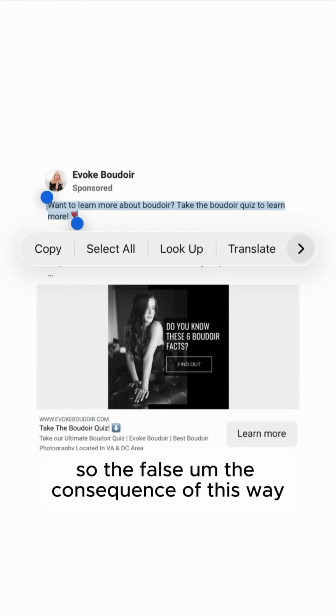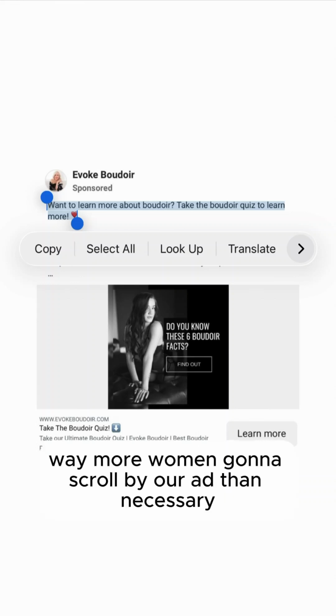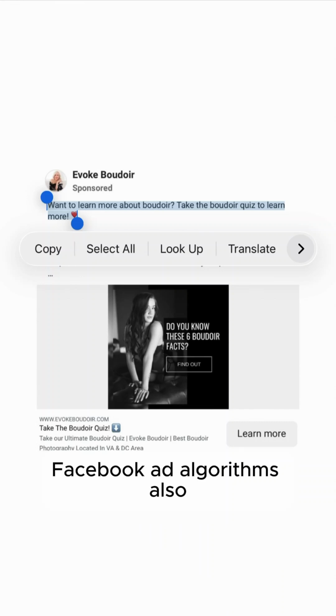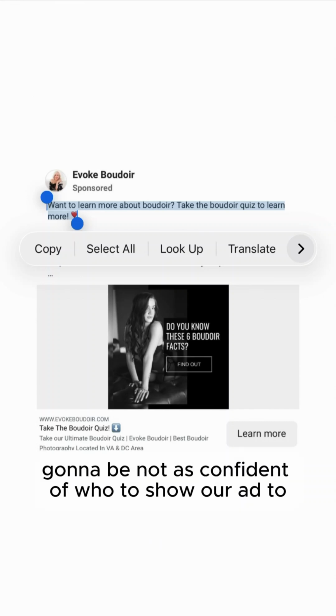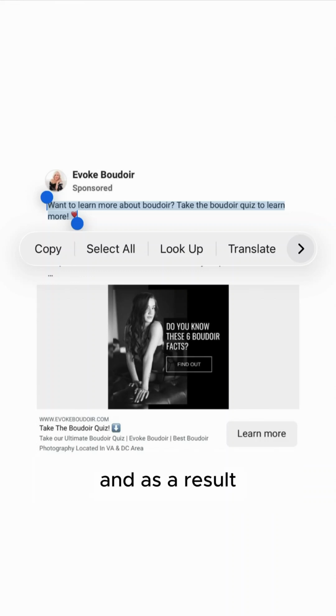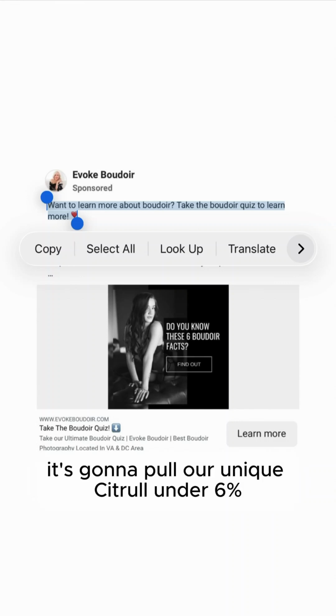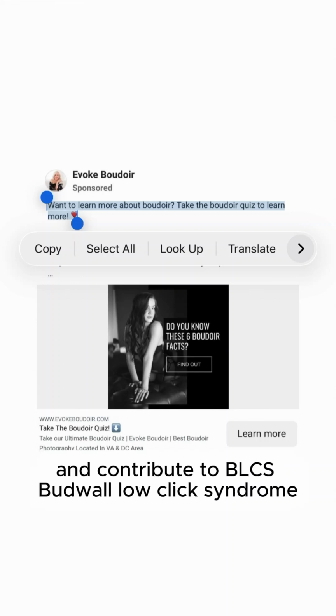So the consequence: way more women are going to scroll by our ad than necessary. Facebook's ad algorithm is also going to be not as confident of who to show our ad to. And as a result, it's going to pull our unique CTR under 6% and contribute to BLCS, Boudoir low-click syndrome.